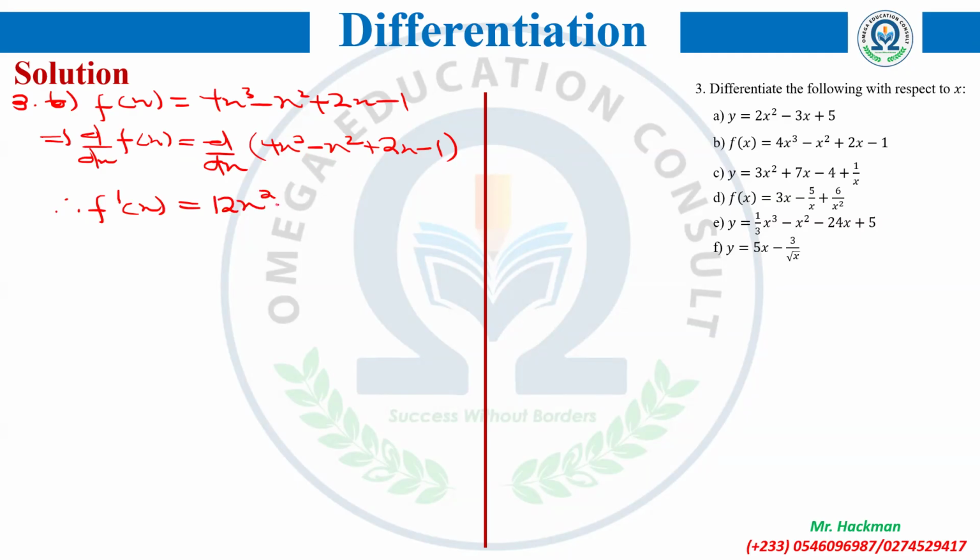Bring the power down, minus 2, reduce the exponent by 1, so x to the 1. Then plus, there is 1 here, bring it down, 2, then you get x to the power 0, so that will give you 1. The differential of this constant here will give you 0. You don't write it. So we are done. All correct. Is my point well made?